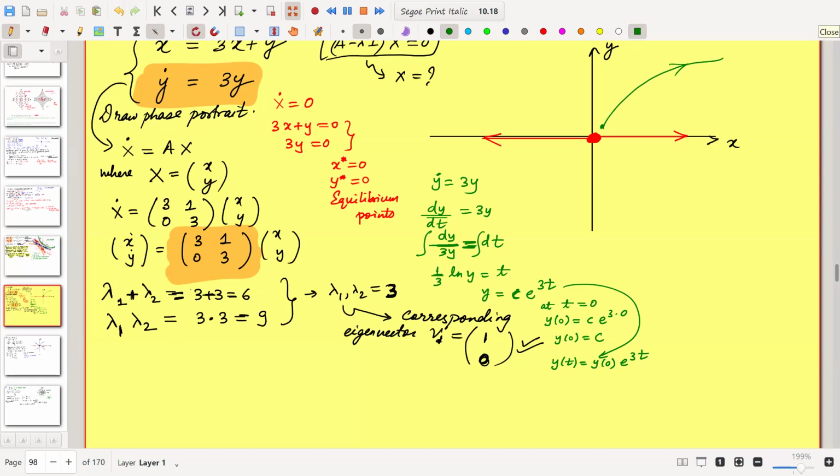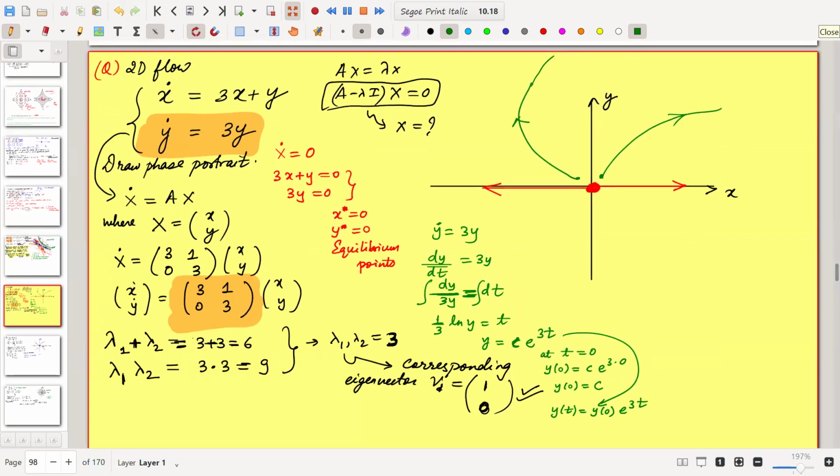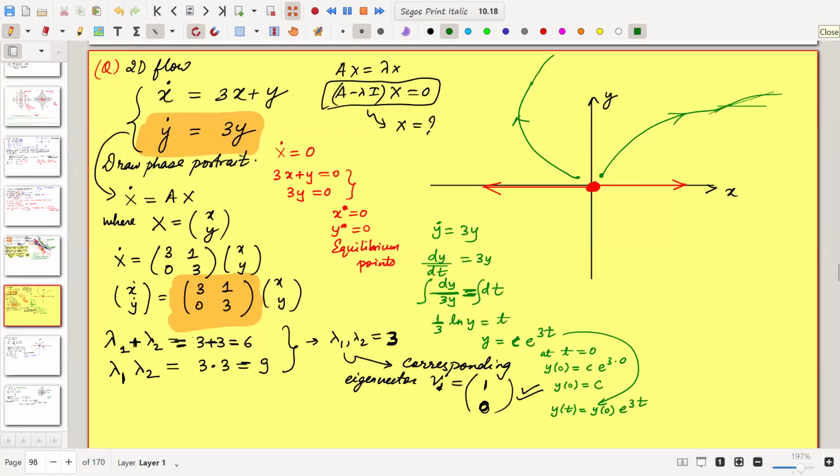Is it fine? Can we take some other points? If you are here, it is going something like this, right? I mean, it is going towards infinity, increasing. Can we take some other points? Here, it will go like this.